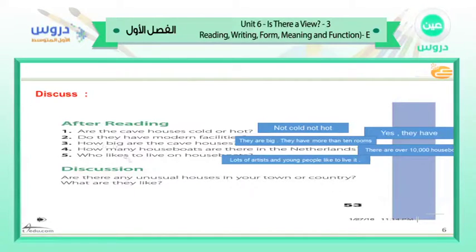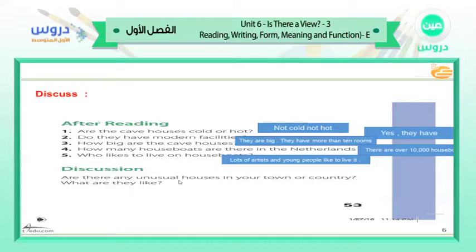The second section is about discussion. Are there any unusual houses in your town or country? I think there are many unusual houses and caves in my country, but near my city, there is nothing inside my city exactly.